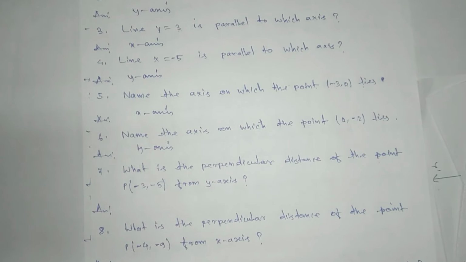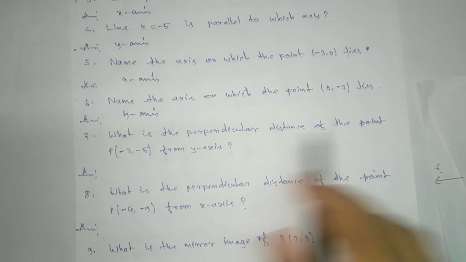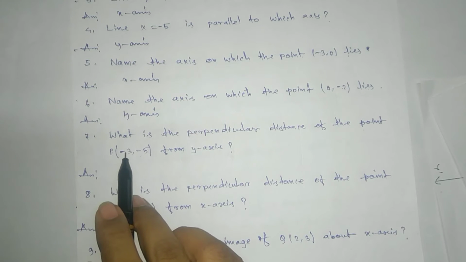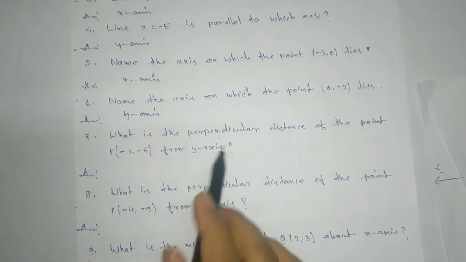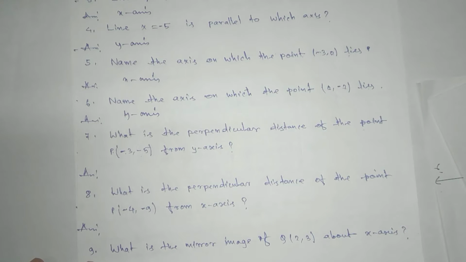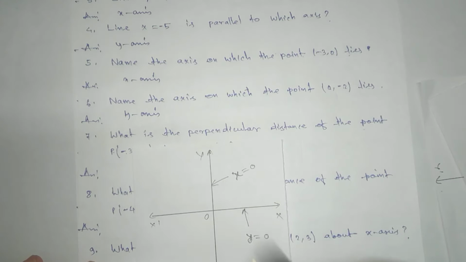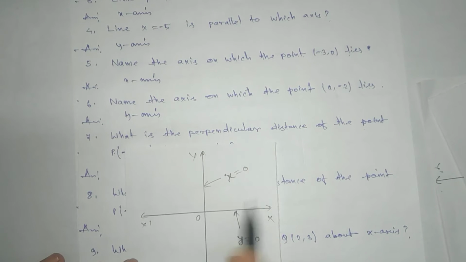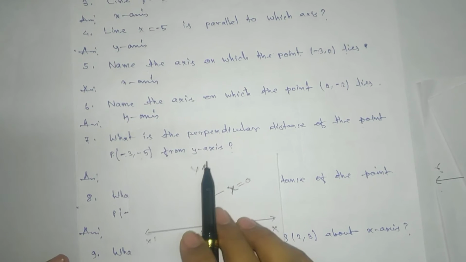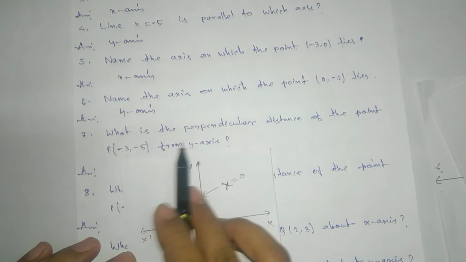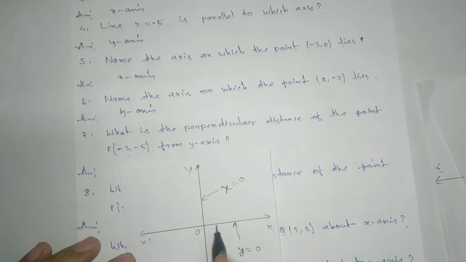Next, what is the perpendicular distance of the point P(-3, -5) from the y-axis? Take the Cartesian plane and put the point (-3, -5): -3 is 1, 2, 3 and -5 is 1, 2, 3, 4, 5.